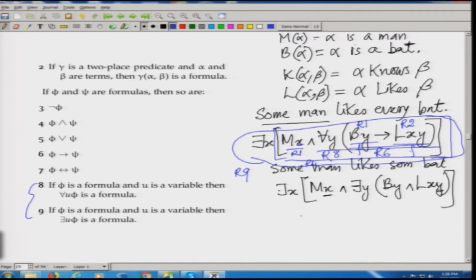So, for example, for all x Bx, that is, everything is a bat, I directly use rule 8. First I use rule 1, then I use rule 8 on my construction for making this.